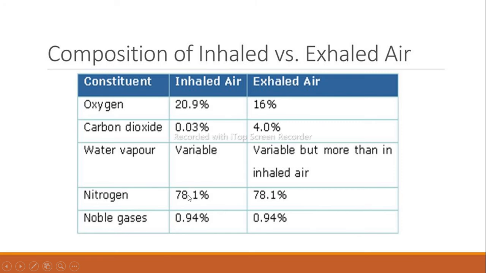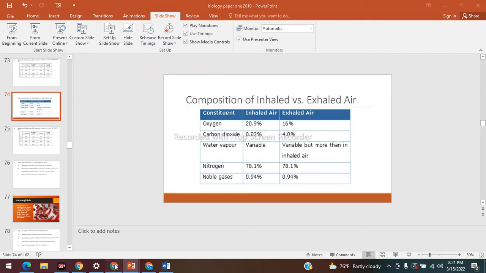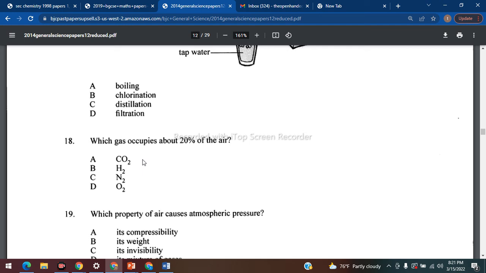Now nitrogen, there's a whole lot of nitrogen in the air that we breathe, 78%. And then the rest, noble gases. So the air we breathe contains about 21% oxygen. And so the gas that occupies about 20% of the air is definitely oxygen.